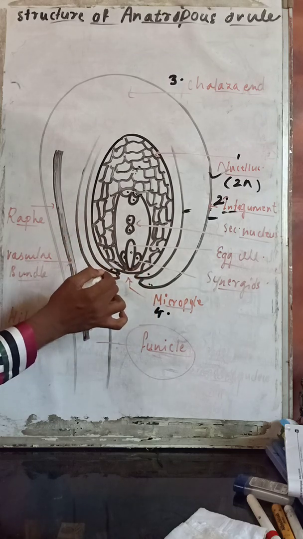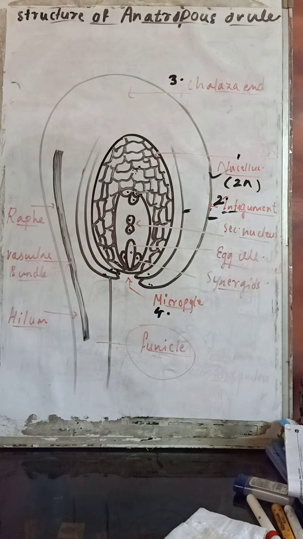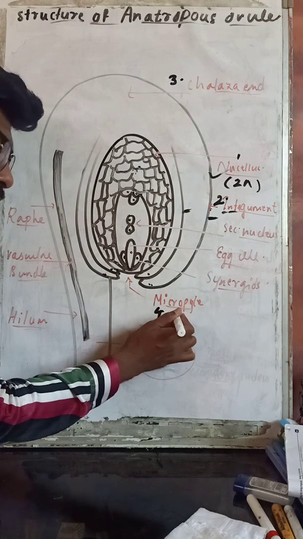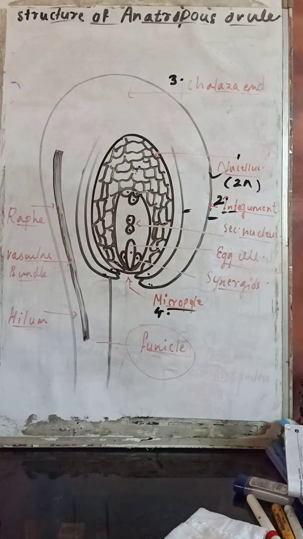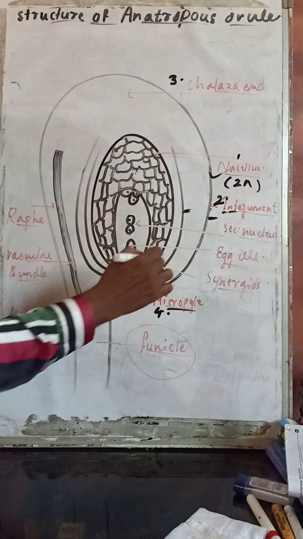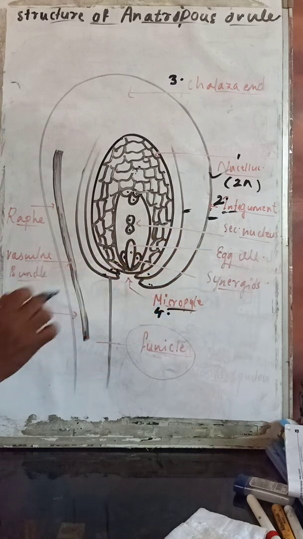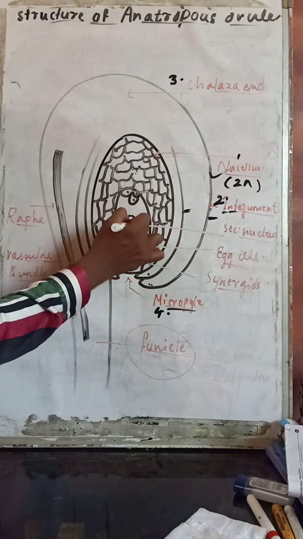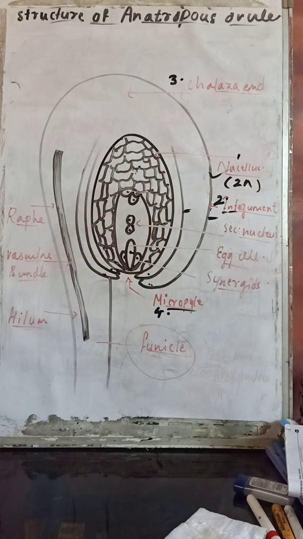At the terminal end of the integument, there is a small narrow opening or passage, which is called the micropyle. The function of the micropyle is that it provides the entry for the pollen tube carrying the male gamete towards the female gamete.